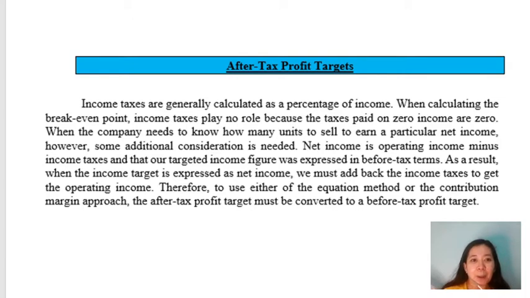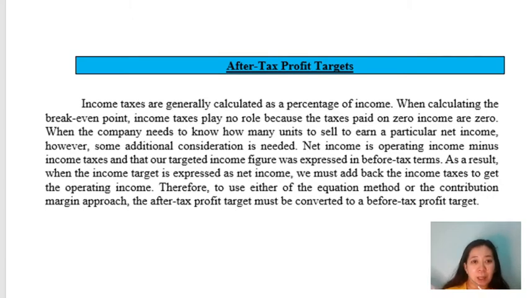However, when the company needs to know how many units to sell to earn a particular net income, some additional consideration needs to be included in the analysis. Net income is operating income minus income taxes. After deducting the income taxes, that becomes our targeted income figure, which is expressed in after-tax terms.